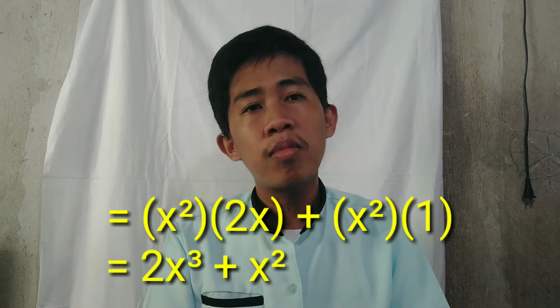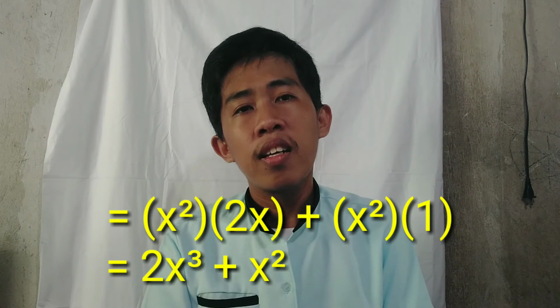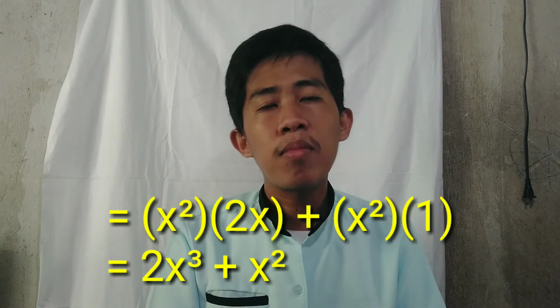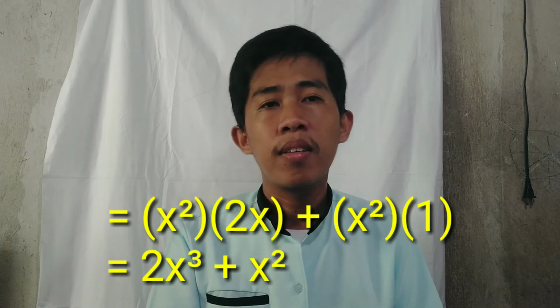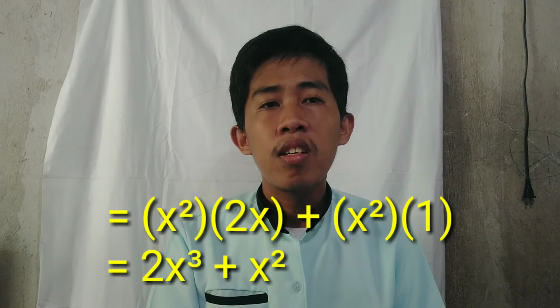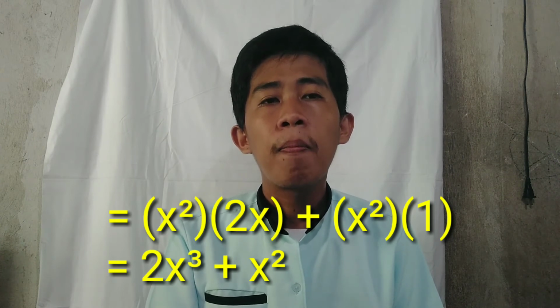Distributive property, x squared times 2x plus 1. So, x squared times 2x is 2x cubed. Plus, x squared times 1, that's x squared. So, our final answer is 2x cubed plus x squared.